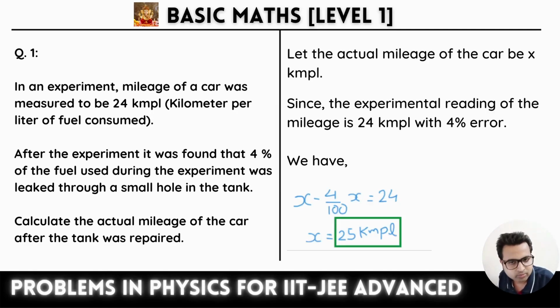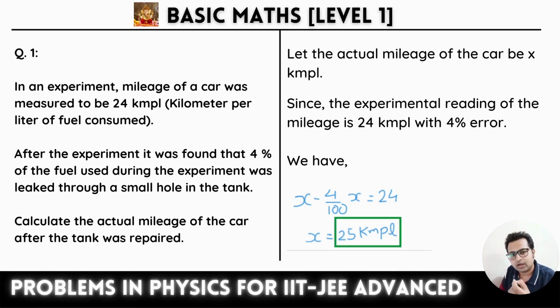Okay, so I hope you got the solution. In case you are stuck somewhere, let's look into the solution. First let's try to understand what the question is telling, then let's discuss its solution. In the experiment, the mileage of the car which was observed was 24 kilometer per liter, kmpl.